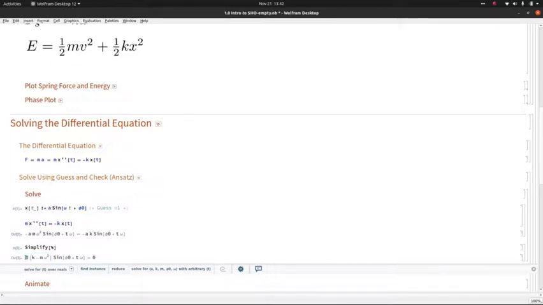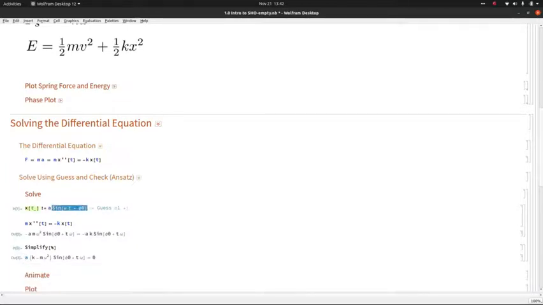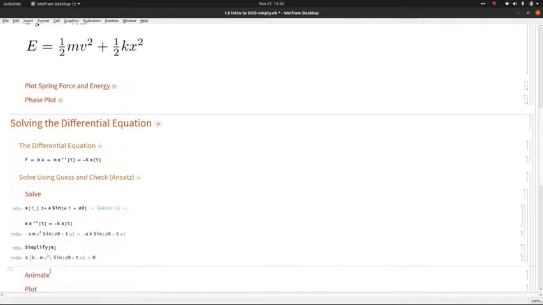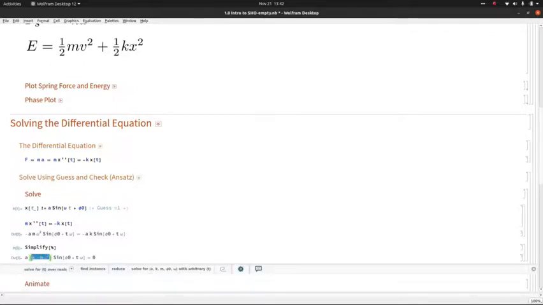Well, if I set a equal to 0, and a, it turns out, is the amplitude of this sine function, then I have no amplitude and it's not oscillating. So it can't be that that's 0. So it's got to be this thing that's 0. So what this tells us is that this equation works provided I take this omega, the Greek letter omega, not a W, such that this part of the equation is equal to 0, because then this whole side will be 0 and the solution works.